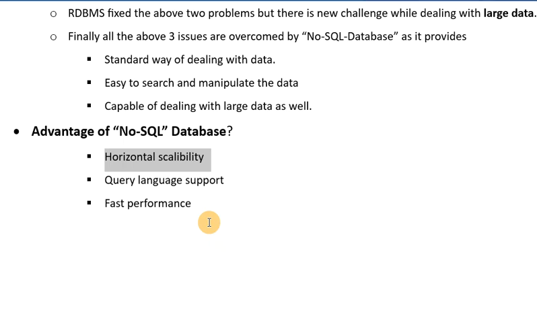The next point is query language support. It provides query language support as well, and it is fast in terms of performance. In a previous episode I described how MongoDB, that is NoSQL, is 100 times faster than the RDBMS. This we have already understood.